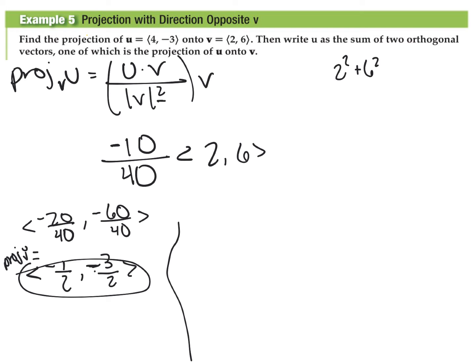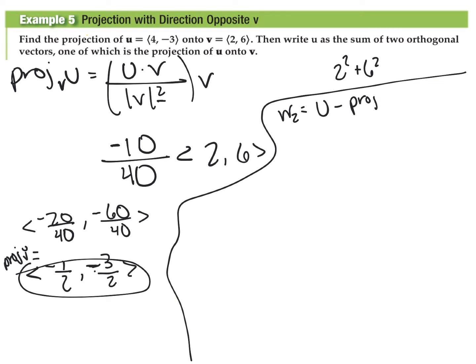Now we need to do where W2 is equivalent to U minus my projection of U onto V. So we've got 4, -3, which is U, minus my projection, -1/2, -3/2, which minus negative, it's actually going to end up added together.